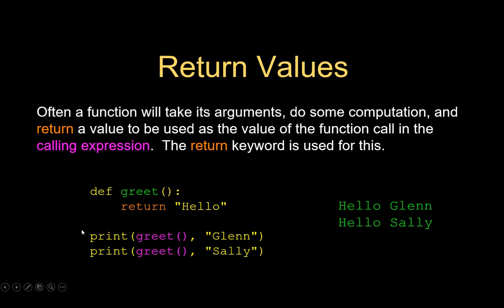Okay, so we have another concept which is called the return value. Often a function will take its argument, do some computation, and return a value to be used as the value of the function call in the calling expression. The return keyword is used for this.